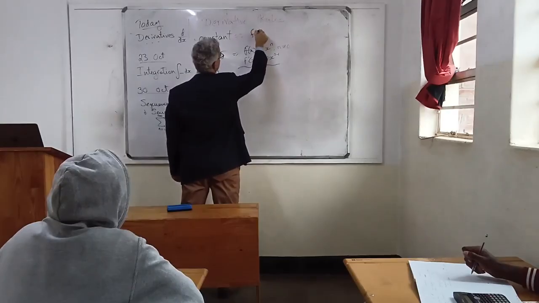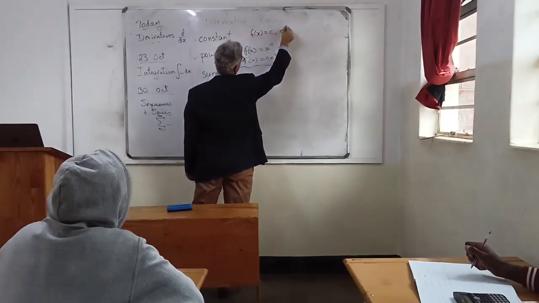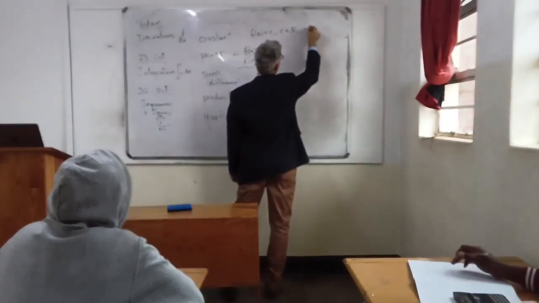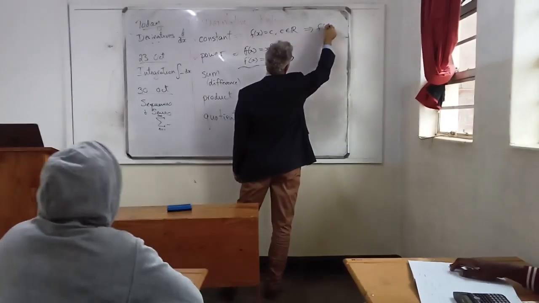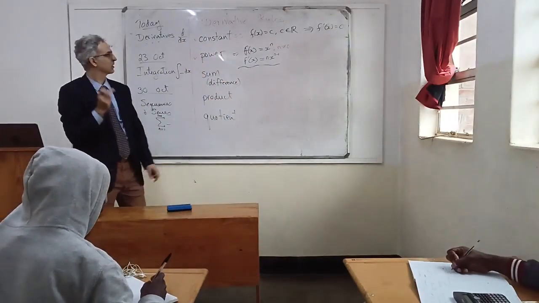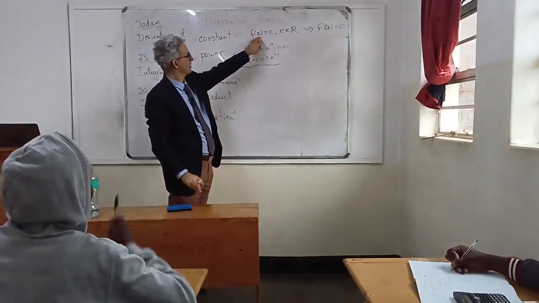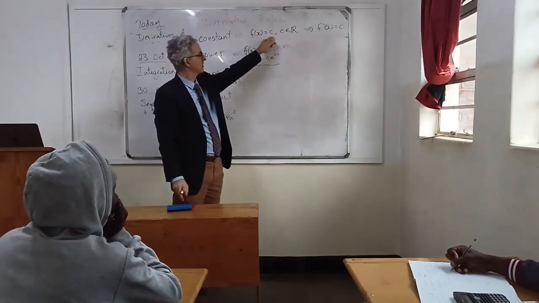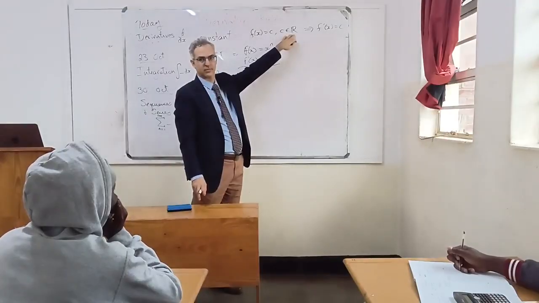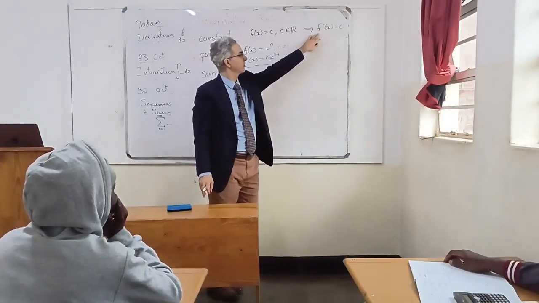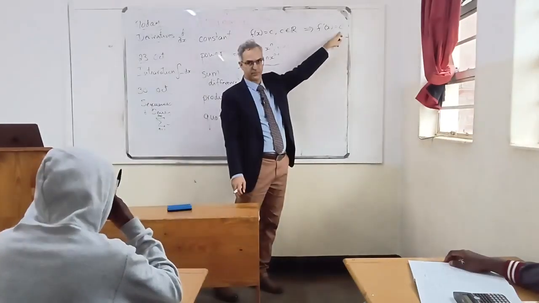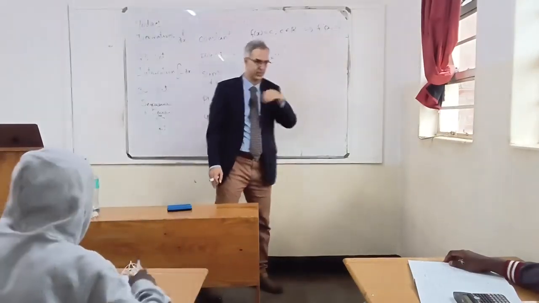Given f of x equals c, where c is a constant in the real numbers, then f prime of x is 0. Given a function equal to a constant, where the constant is any real number, then the derivative of that function is 0. That's what this is saying.